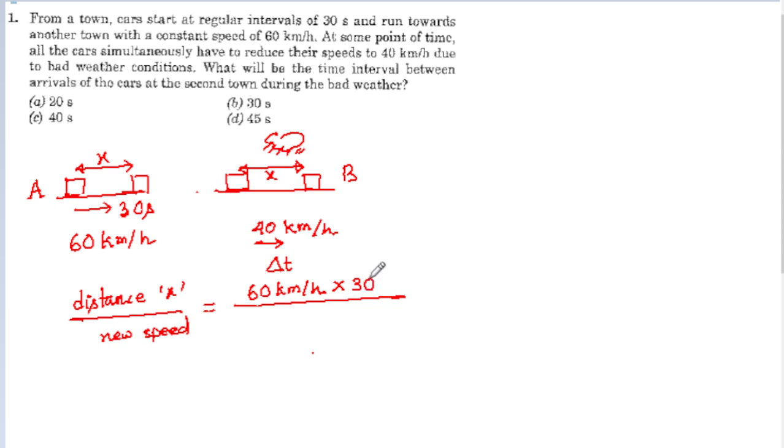The relative velocity between any two consecutive cars is 0.